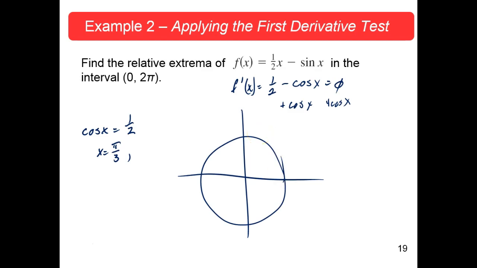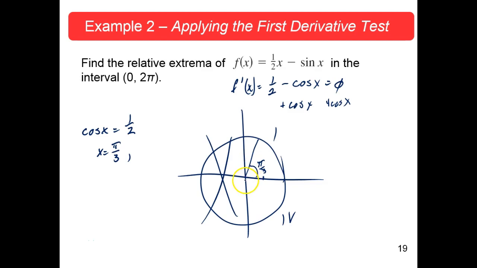Now first, where is cosine positive? First and fourth, so not over there at all. Cosine's negative over there. So where is it 1/2? That's where the adjacent is 1/2 and the hypotenuse is 1. So if that's a unit circle, that's going to be up here, and sure enough, that's pi thirds.